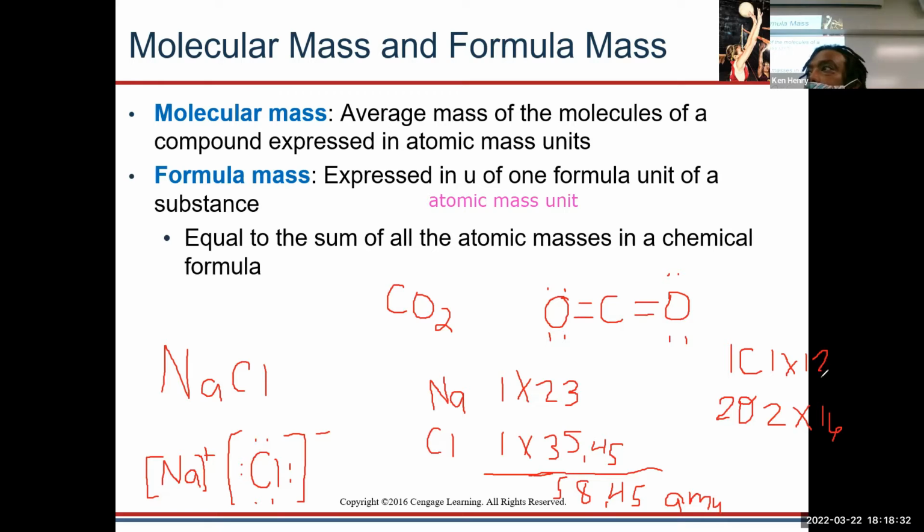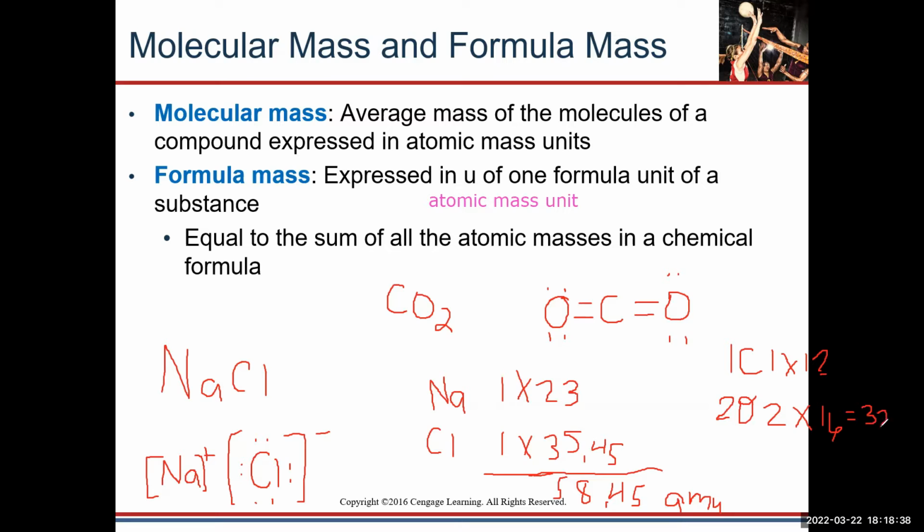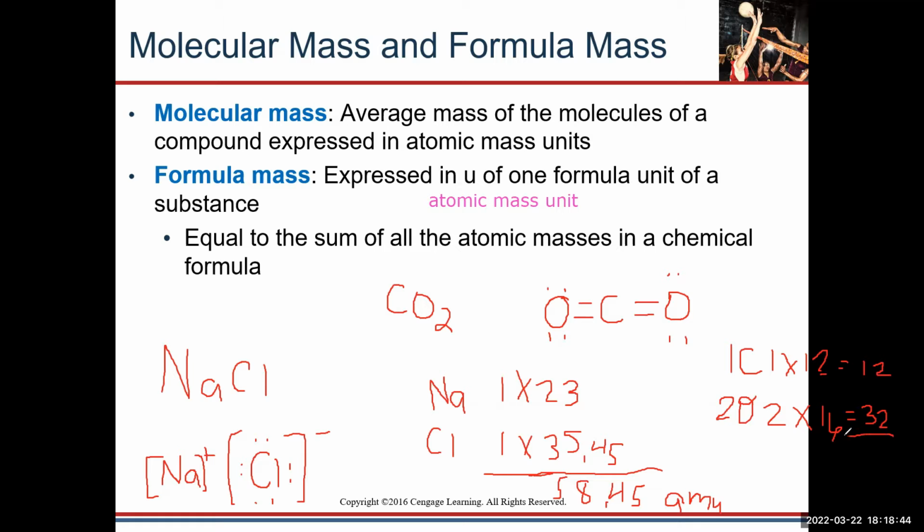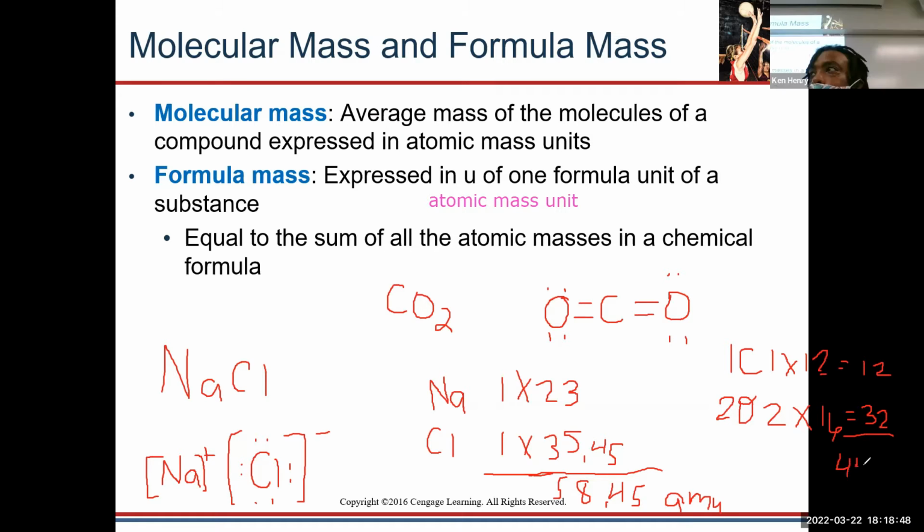So 16 times 2, 32, plus 12, 44. So it's 44 AMU, AMU standing for atomic mass units.